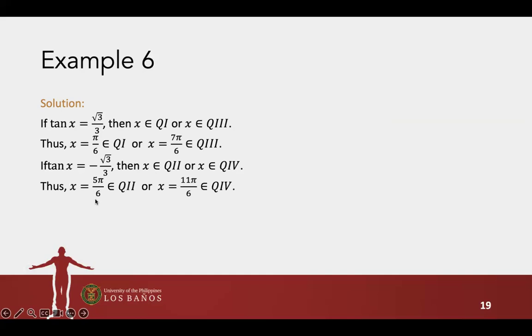So we get 5 pi over 6. And in the fourth quadrant, the formula would be 2 pi minus the reference. So 2 pi minus pi over 6, we get 11 pi over 6. So thus, our solution set, or fundamental solution set rather, is the set containing pi over 6, 5 pi over 6, 7 pi over 6, and 11 pi over 6.